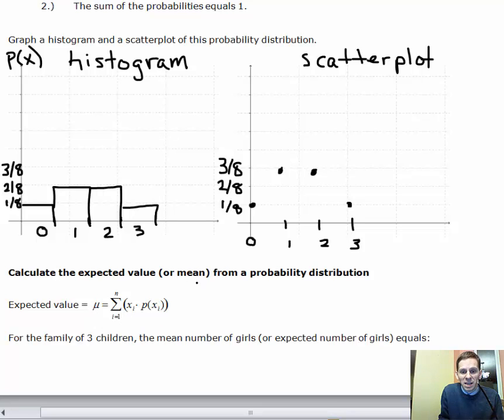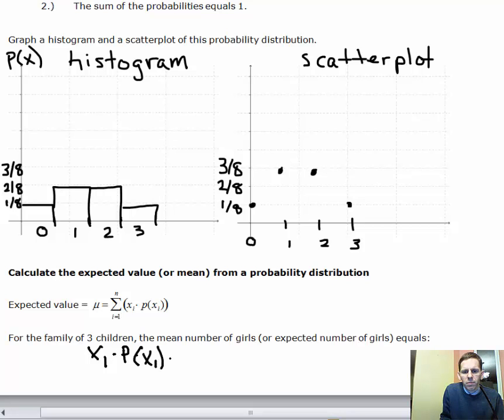So this is a mean, and for a mean we take a summation from i equals 1 to n of x sub i times p of x sub i. In other words, if you replace the i's with 1's, we're going to take x sub 1 times p of x sub 1.